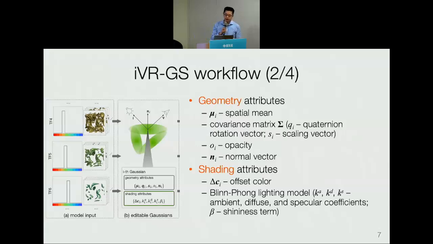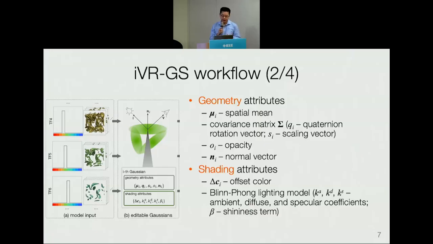For each of these models, we train the Gaussian parameters. We consider the geometric attributes, including the spatial mean and the covariance matrices, which can be broken down into rotation and scaling vectors. We also consider the opacity, and add a normal vector for the lighting. These are learnable parameters associated with each Gaussian splat.